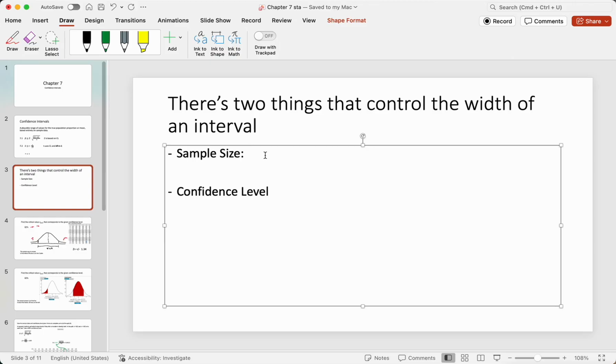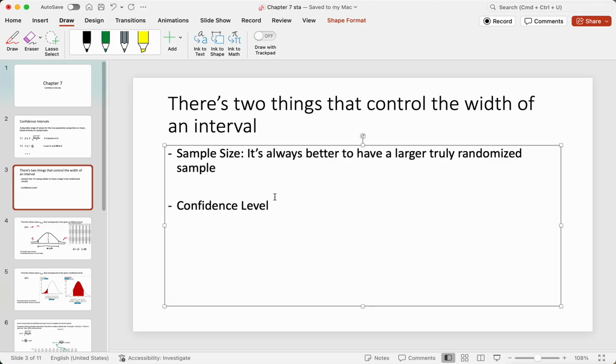Now, the thing that we should maybe say about them is, really with sample size, it's always better to have a larger, truly randomized sample, because one thing to say, just to call back to chapter 1, is if you sample poorly, if you sample everyone that walks into the Ocala Paddock Mall, then although you did take a random sample, depending on if you're trying to gather general mall statistics, really you just sampled from one mall and on probably one day of the week, and you called it a day.